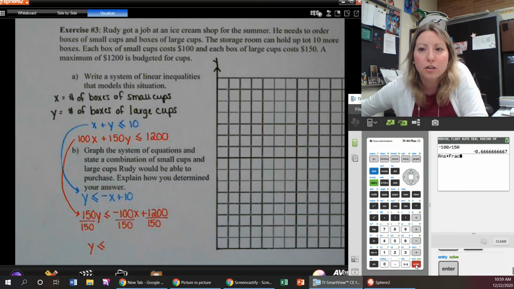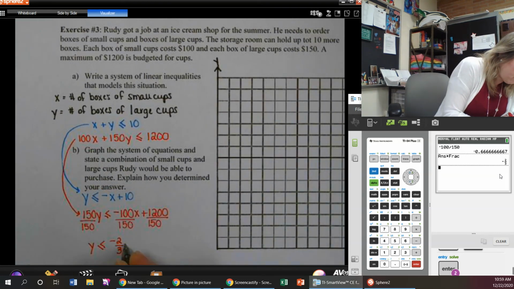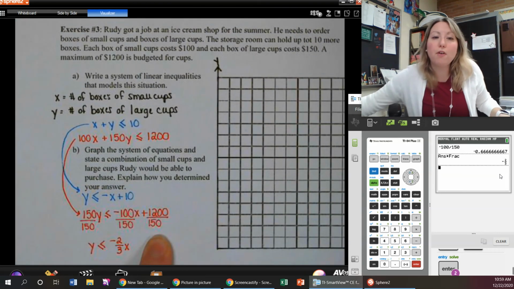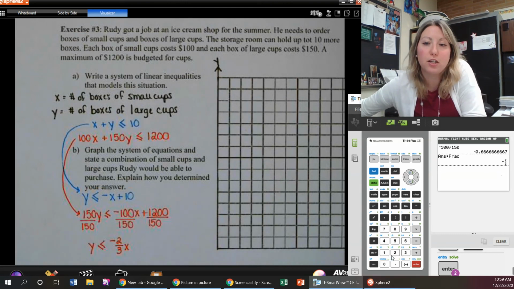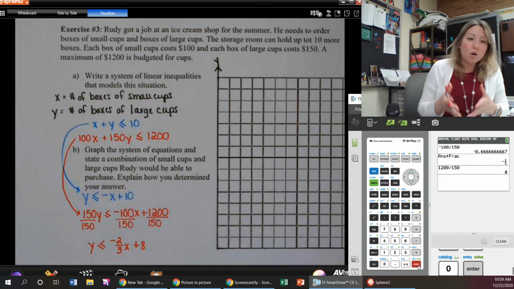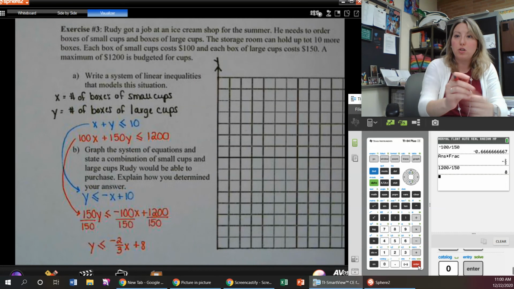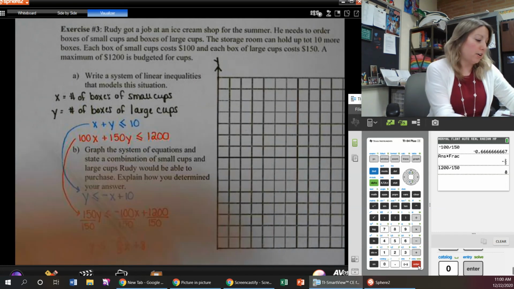So enter, negative 2/3, got it. And then 1200 divided by 150, okay. Let's see if this comes out to be an integer, and it does. So look at that, a much more normal number situation that we're actually dealing with in this scenario.